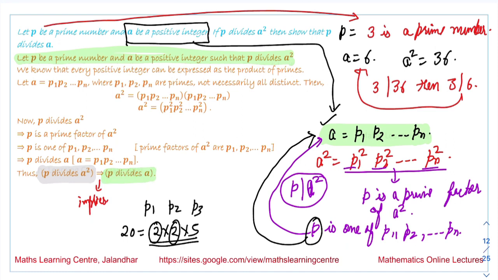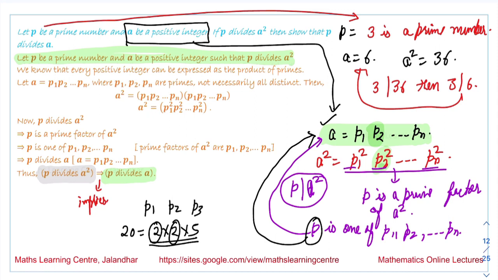This is the symbol for implies. So what is the basis of this proof? If p divides a square, it means p is a factor of a square, that is, p is one of these numbers. If p is one of these numbers, then it is also a factor of a, and hence we are able to prove this theorem.